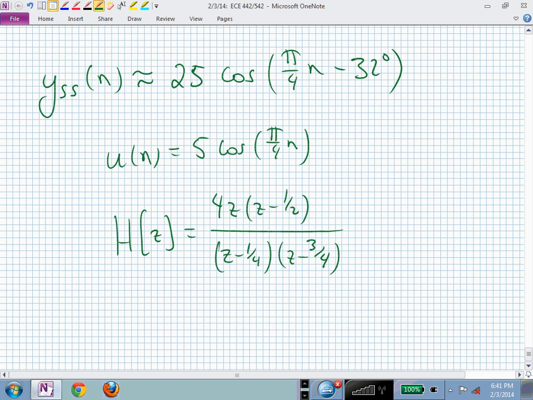So we excited this system with this cosine, and we end up with something that now has grown as it comes out of that system, and it's shifted a little bit in time by, what, a little bit less than a radian.